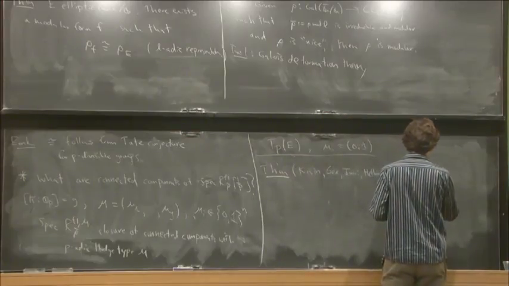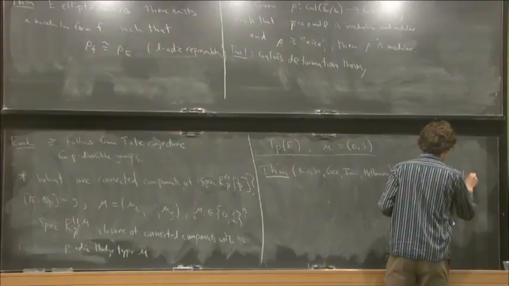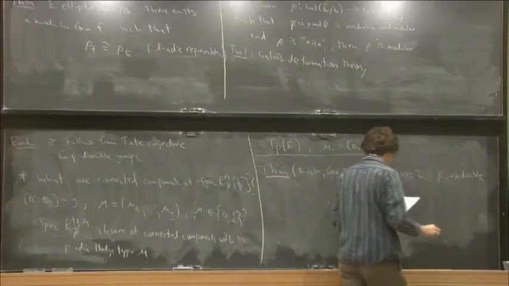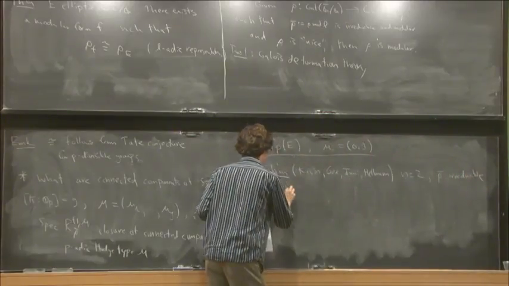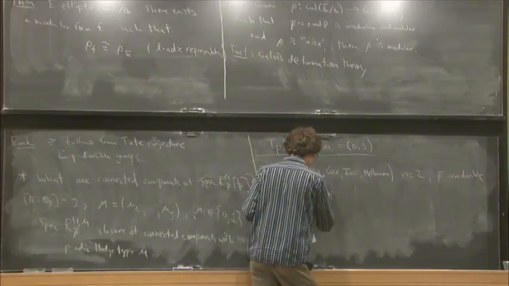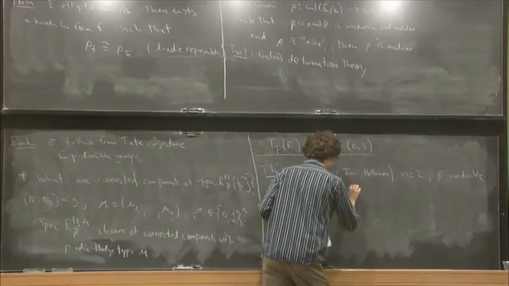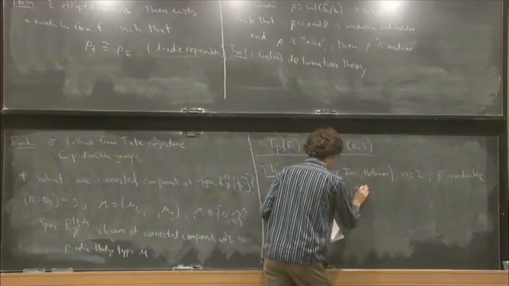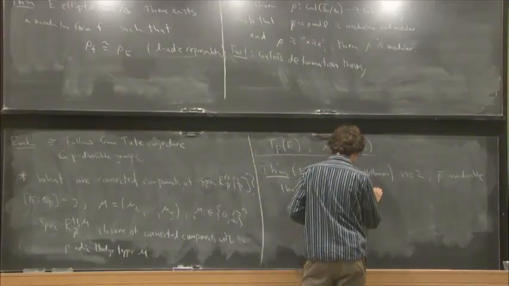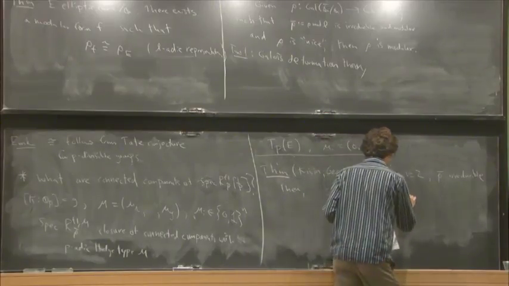So if n equals 2, and for simplicity of writing the theorem on the board, let's say rho bar is irreducible, then this space over Q_p is connected.